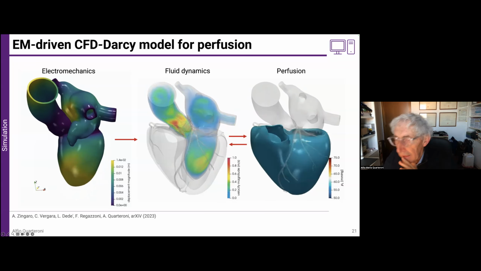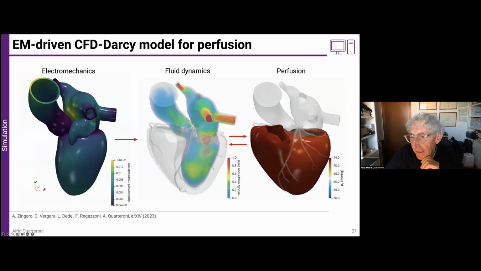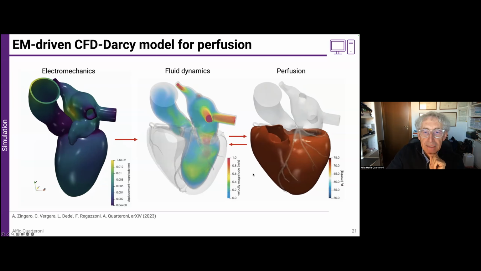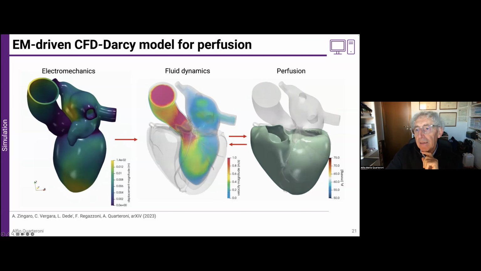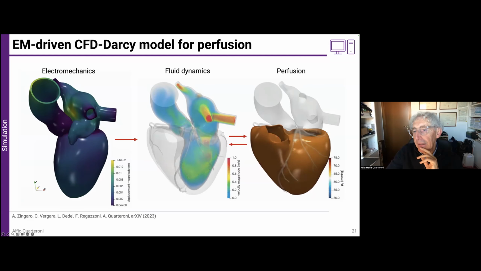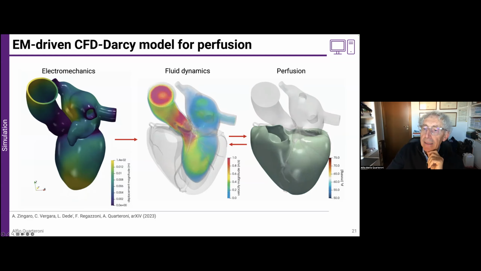This is the pressure in millimeters of mercury, and you see first of all the electromechanics and then the fluid dynamics, and this is triggering the perfusion through, say, the epicardial coronaries, and the small coronaries that you cannot see here, but they are inside the myocardium, and they are modeled by this multi-scale, say, Darcy model.